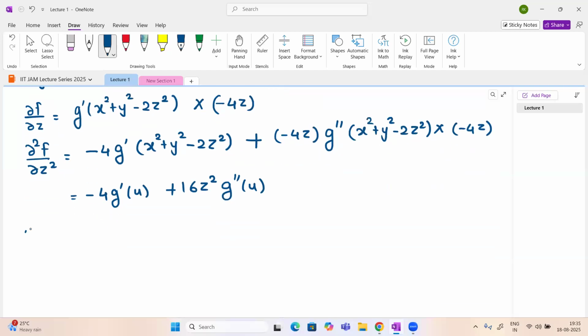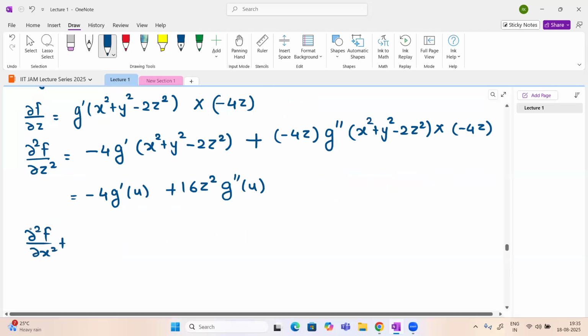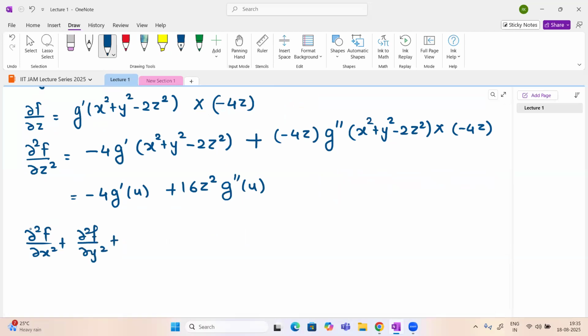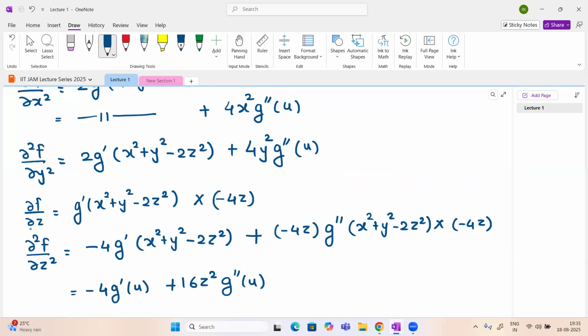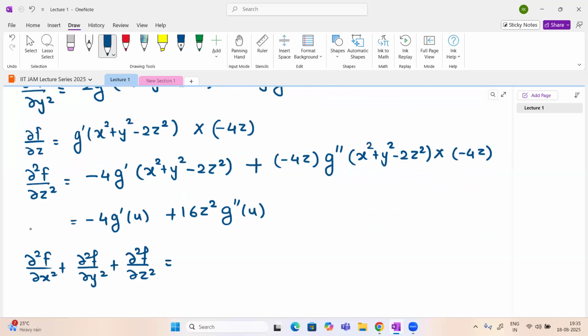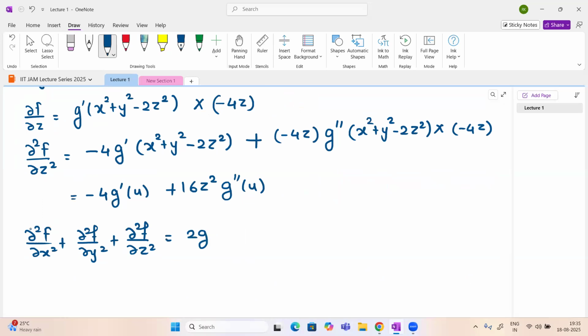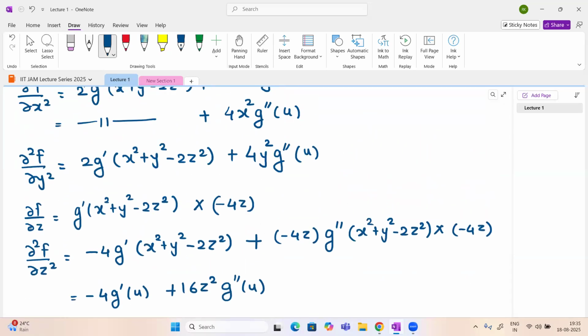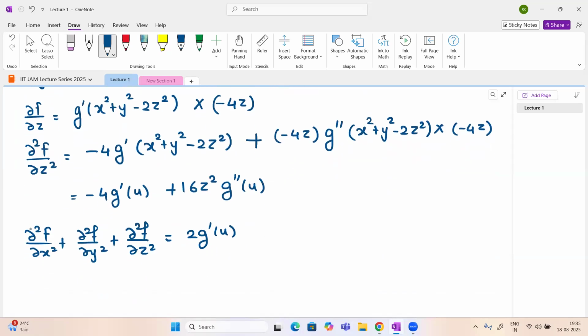Now simply we need to add del square f upon del x square plus del square f upon del y square plus del square f upon del z square. Let me simply copy here. The first term is 2g dash of u plus 4x square g double dash of u.